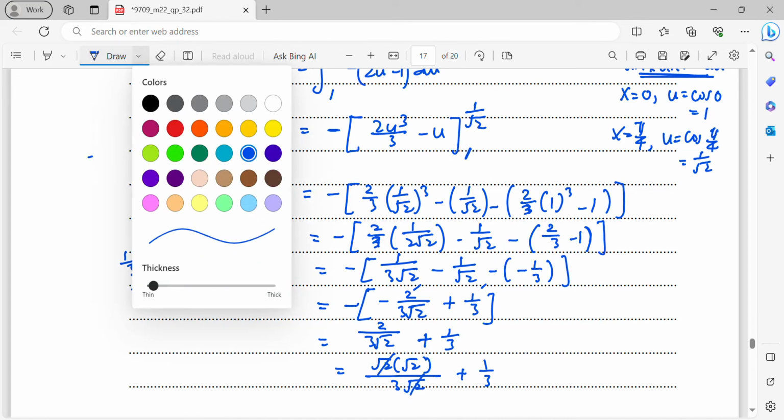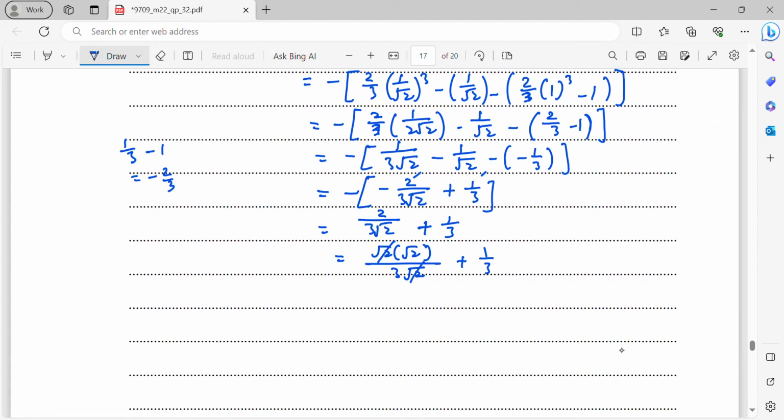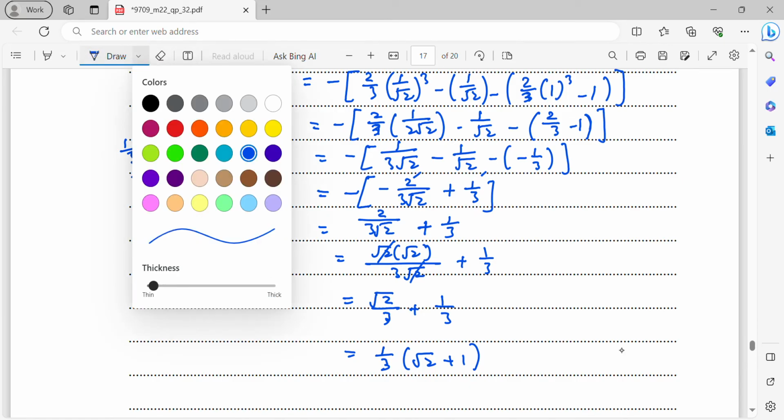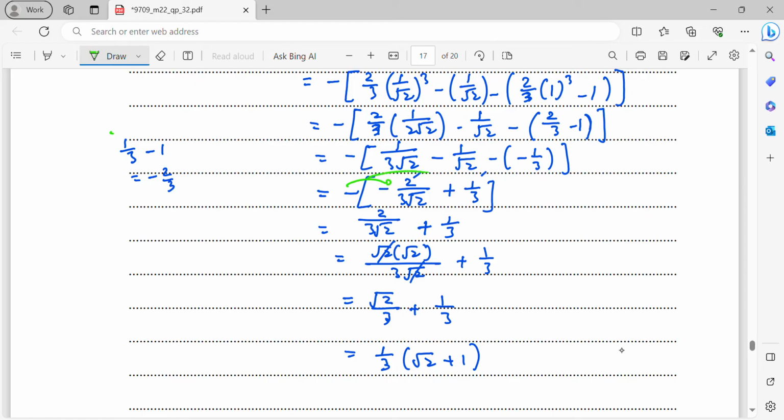Then I will be getting square root 2 over 3 plus 1 over 3. Then the 1 over 3 can be taken out, and you get square root 2 plus 1. Sorry, I made a mistake. This negative, I forgot to multiply into the second term. It should be minus. So this is the area of the shaded region.